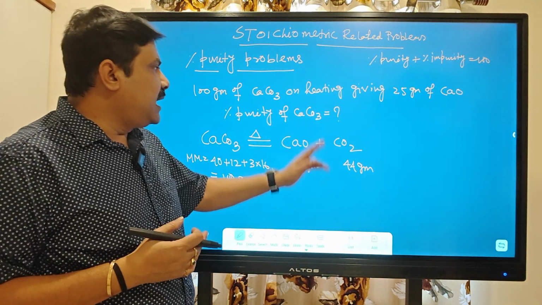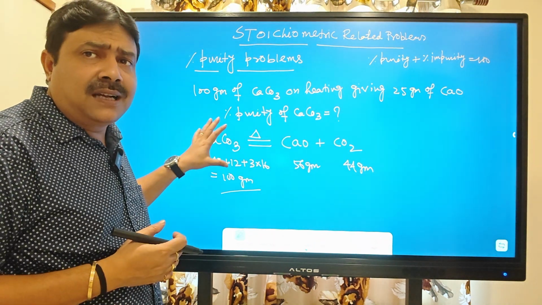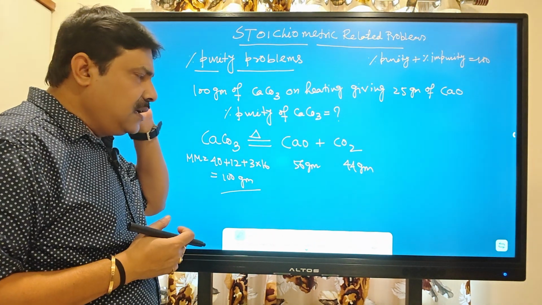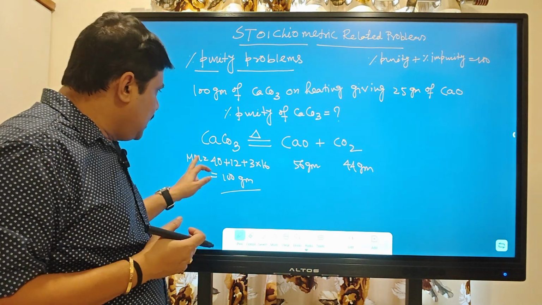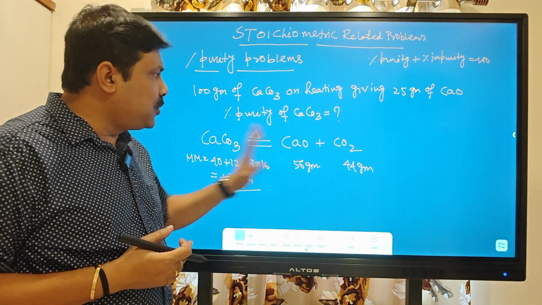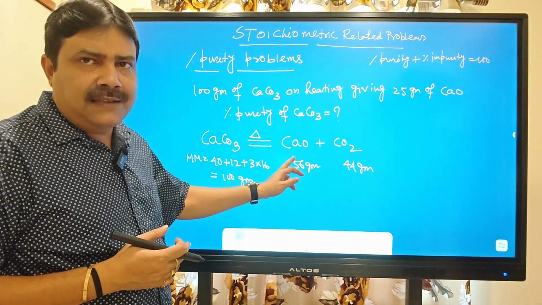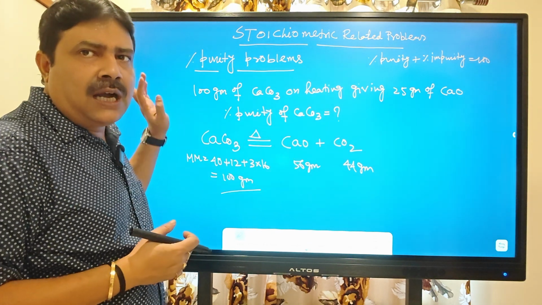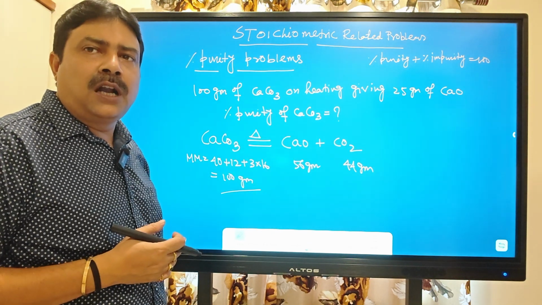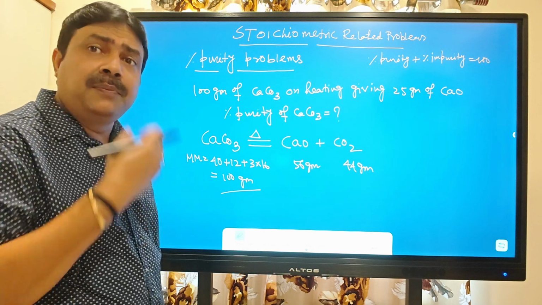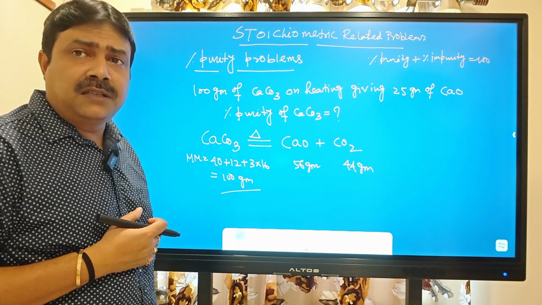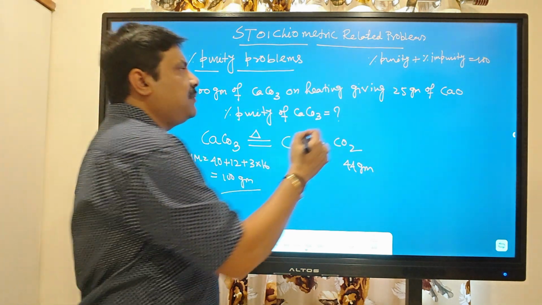Now if the calcium carbonate is 100% pure, then that 100 gram of calcium carbonate used to produce 56 gram of calcium oxide. That means 56 gram of calcium oxide used to come from 100 gram of calcium carbonate, provided it is 100% pure. So that only I am writing.